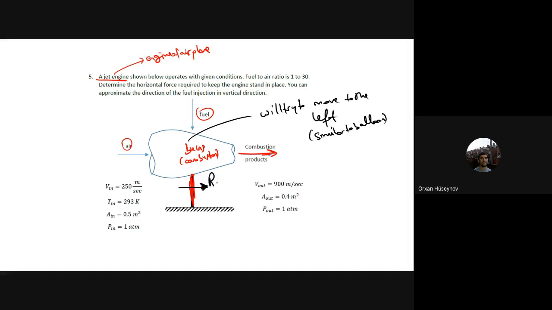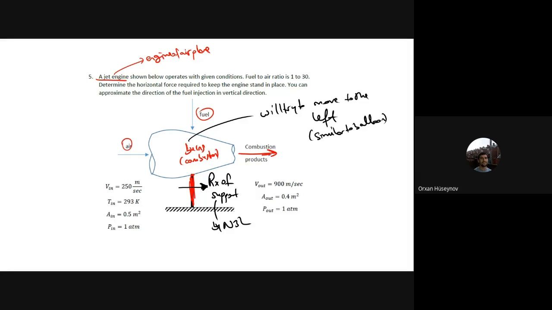So this one will be Rx of support. Okay. So the engine moves in that direction, and the Rx of the support will be in the opposite direction by Newton's third law. If you have questions for this part, you can ask. Otherwise, I'm writing the equation.